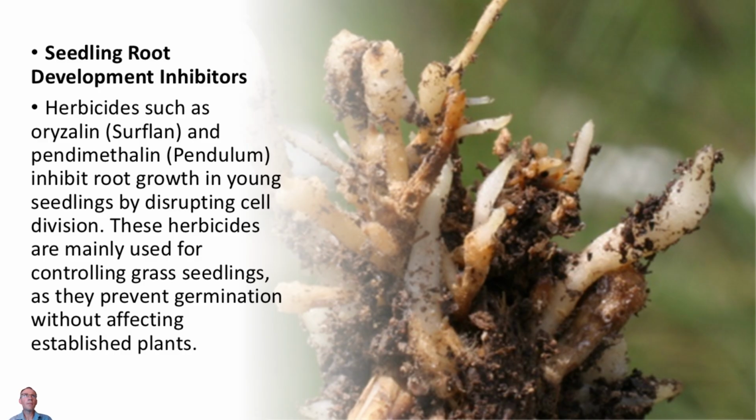Seedling root development inhibitors. Herbicides such as oryzalin, Surflan, and pendimethalin, Pendulum, inhibit root growth in young seedlings by disrupting cell division. These herbicides are mainly used for controlling grass seedlings as they prevent germination without affecting established plants.